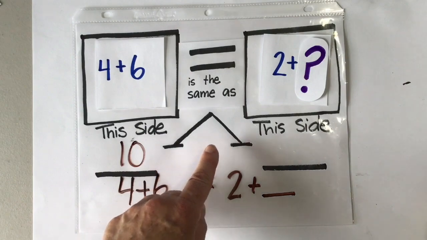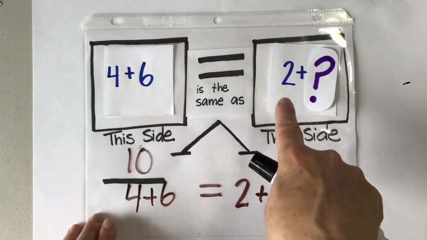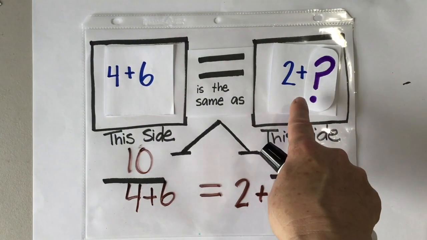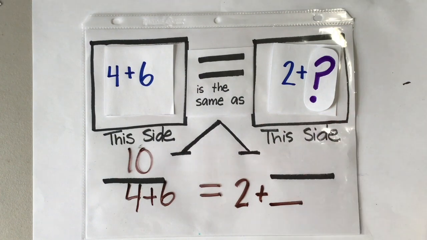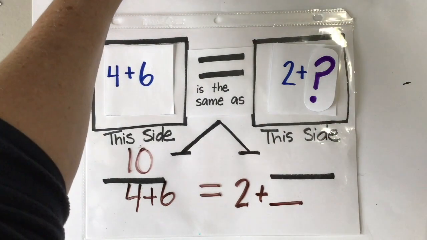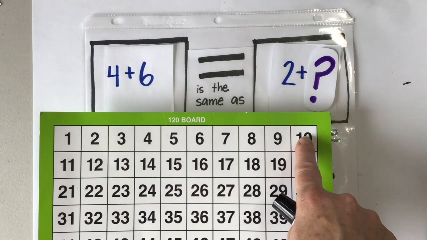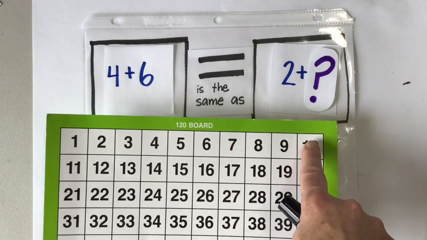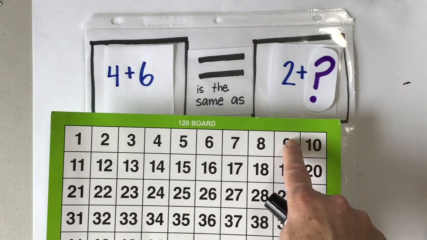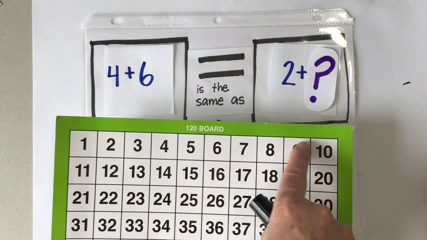So I have to balance these two sides. So this side also has to equal 10. 2 plus something equals 10. Well, I know my friends of 10, so I already know what that number is. But we could also just know if I have to equal 10 and I already have 2, I could go back 2, or I could be at 2 and I could come up to 10.